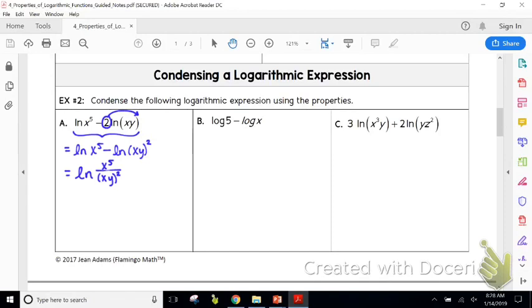But that x on bottom is trapped inside with that y because of the squared. So what can I do with that square? Because it's being multiplied, I can give it to both of these. Or, remember, xy squared means xy times xy. Either way you want to look at it, you'll get natural log of x to the 5th over x squared y squared.